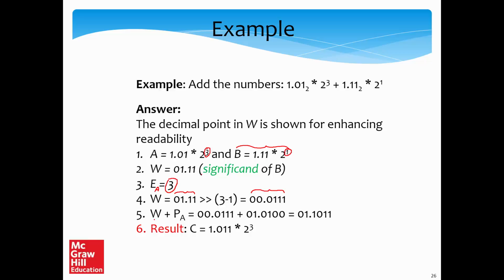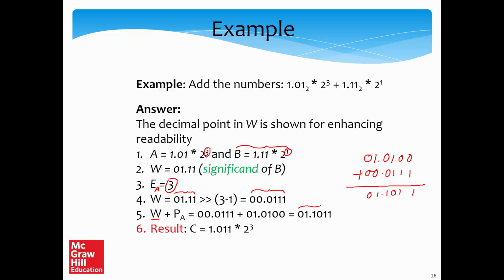Then we add W with the significand of PA. W is 00.0111 and the significand of PA is 01.0100. If I do the addition, I'll have 1 1 here, 1 plus 1 is 0, it's 1 here, and 0 1.